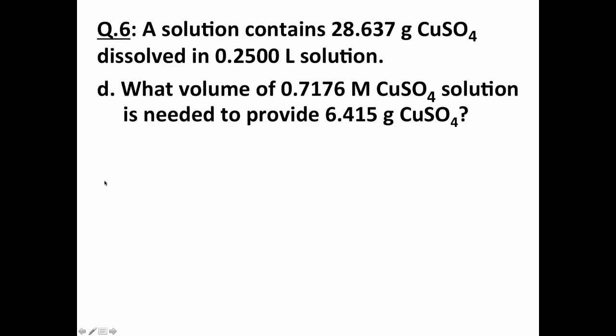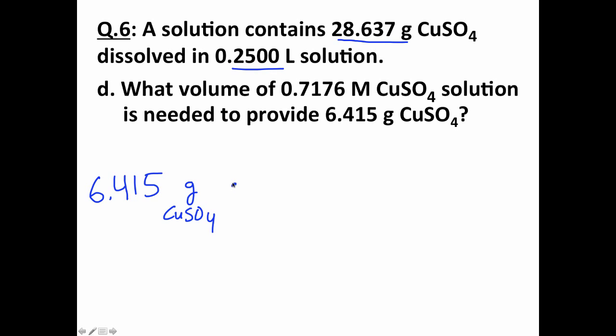Now, it's worth noting that there's another way to do this based upon the information that was given in the problem. And sometimes one way is easier, sometimes another. But again, we want 6.415 grams of copper sulfate. But then we can also note that the problem gave us mass of copper sulfate per volume of solution.